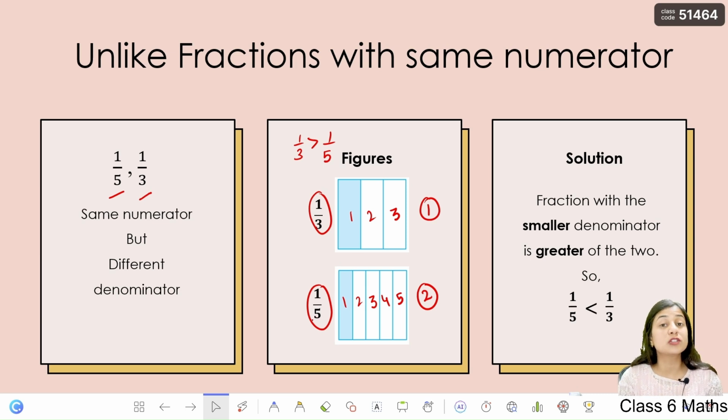So from this also we can say that the fraction with the greater denominator will always be less because it's divided into more parts, right? So the share of each part is reduced. So 1 by 3 is greater than 1 by 5.